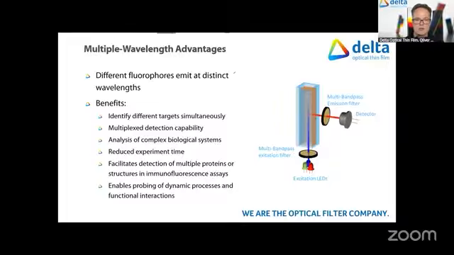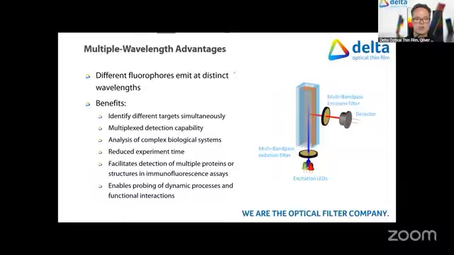So why do people think about multi-wavelength approaches? What are the advantages of not looking at fluorescence microscopy with only one wavelength? When you have multiple wavelengths available in your instruments, you can identify different target molecules simultaneously. You can do multiplex detection of molecules, and as such, analyze more complex biological systems.